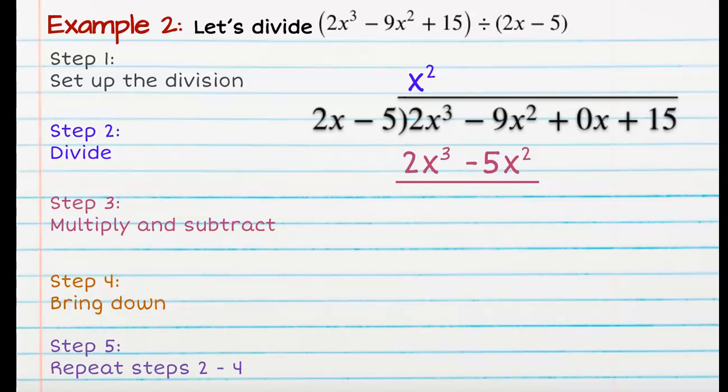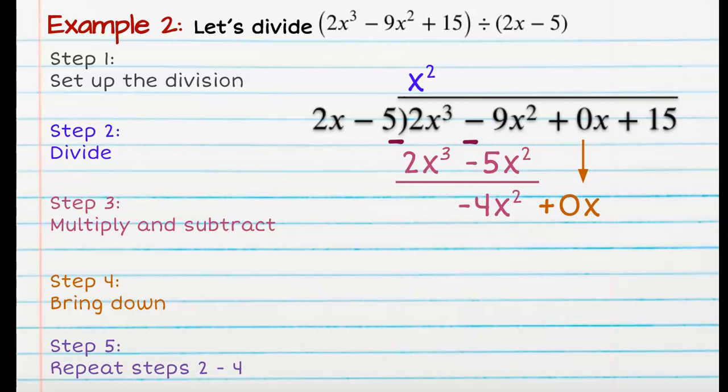We get negative 5x squared. And now we subtract. The first terms cancel as desired, and now negative 9x squared minus negative 5x squared is negative 4x squared. Now we have a 0x to bring down, and we repeat the process.